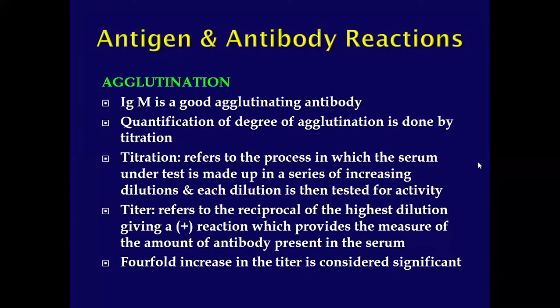When you say titer, this simply means the concentration of the antibodies, which refers to the reciprocal of the highest dilution giving a positive reaction, which provides the measure of the amount of antibody present in the serum.